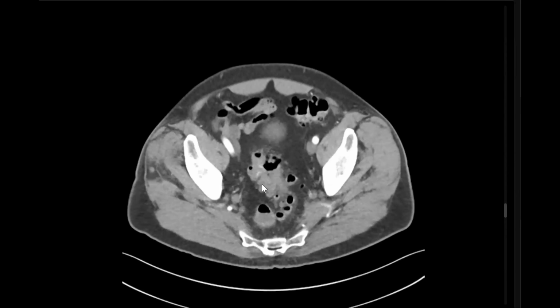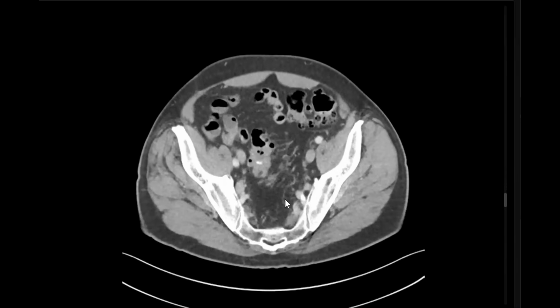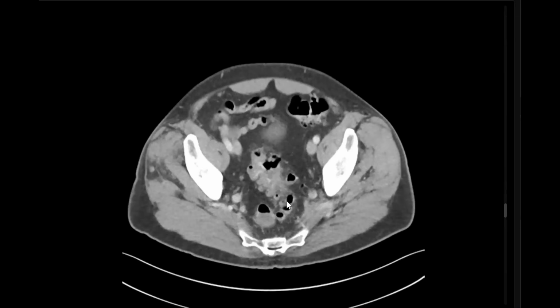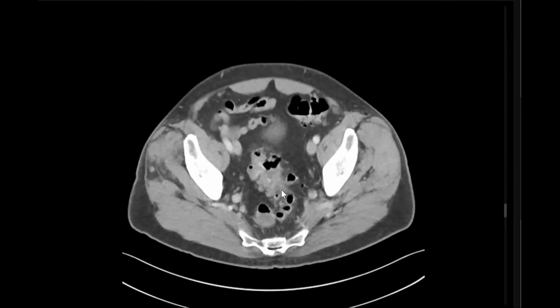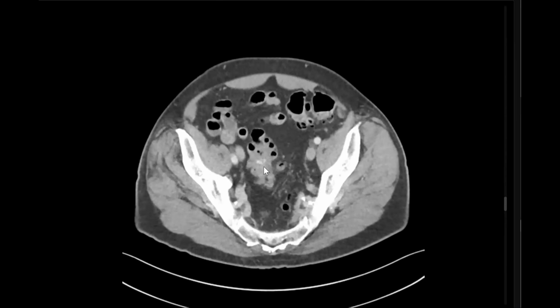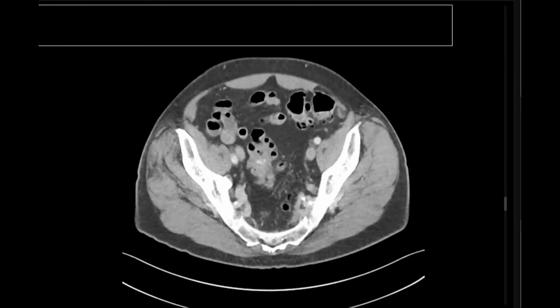I will check the maximum intensity projection to confirm this, to check the bleeder. Venous phase. Yes. The bleeding is increasing in the venous phase, so it's consistent with active bleeding. Excessive pooling is noted. So what is your diagnosis and next step?